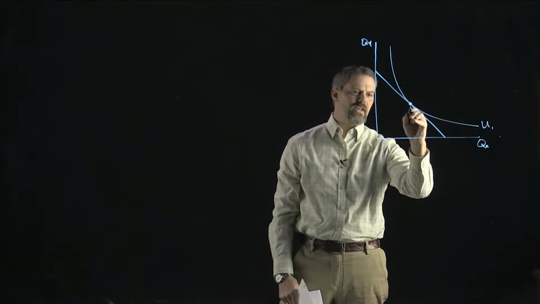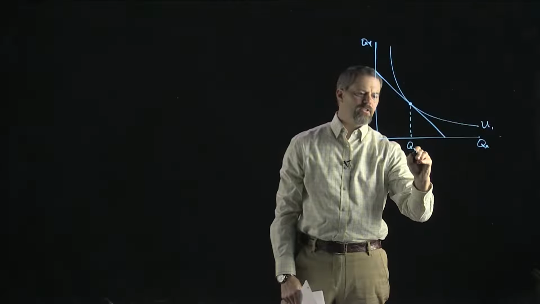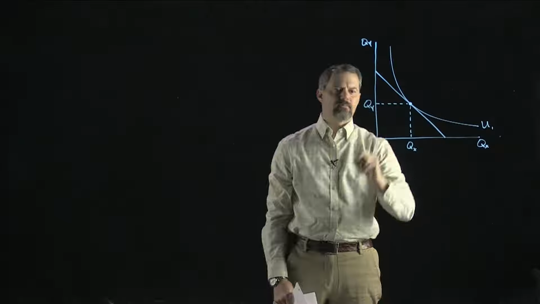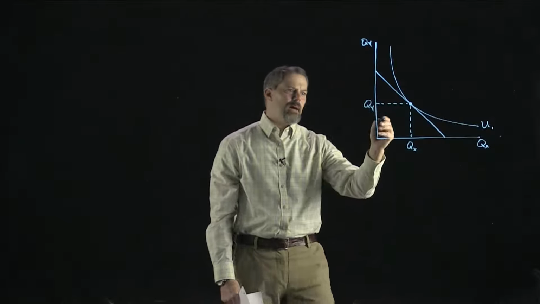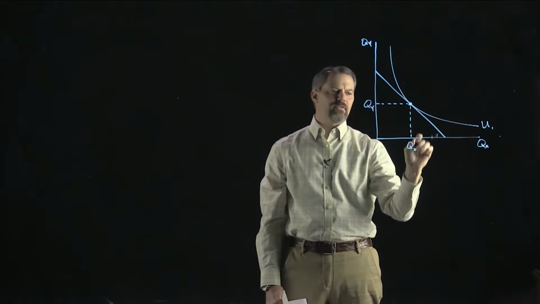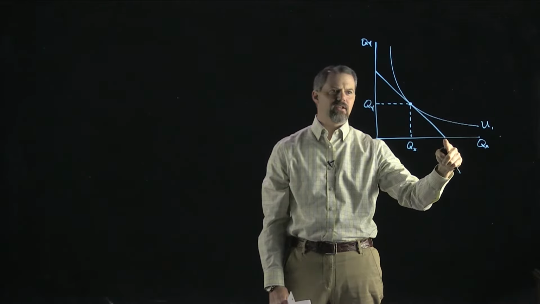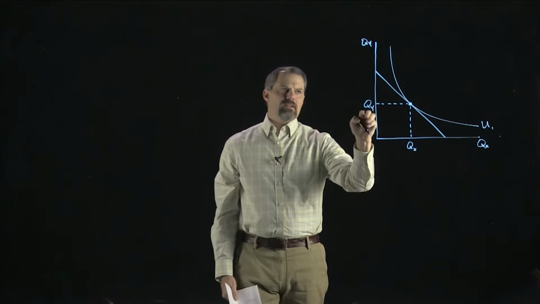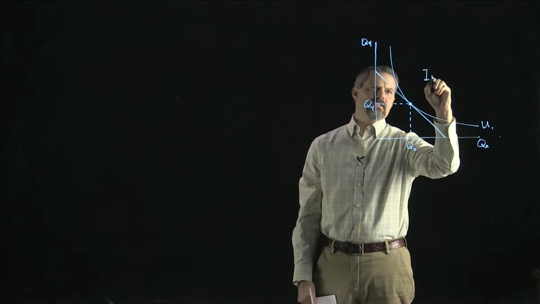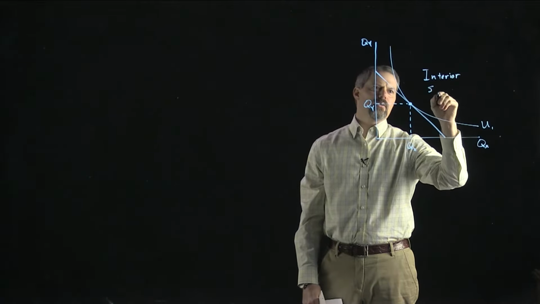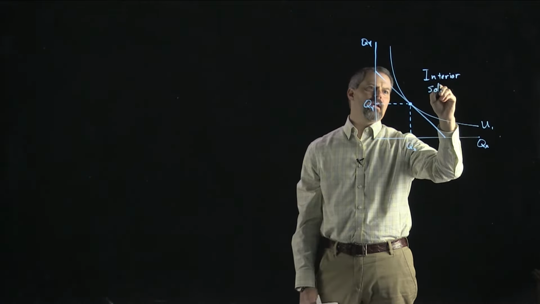The coordinates of that point tell us how much good X and how much good Y the consumer chooses. And the optimal point is on the inside of this picture rather than being down here at one of these corners.